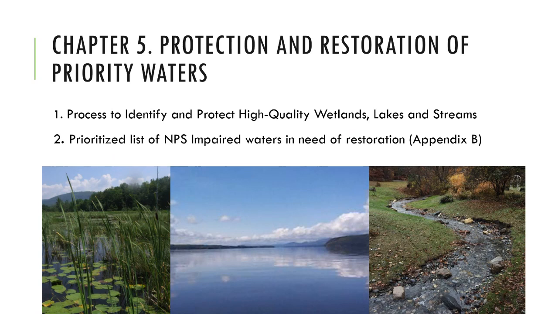For example, Vermont Fish and Wildlife has identified 148 streams that support very high quality cold water salmonoid fisheries. And then DEC's also identified 21 very high quality lakes that provide high quality aesthetics in their natural condition. So these are really important resources for Vermont that we want to protect and make sure they don't become impaired.